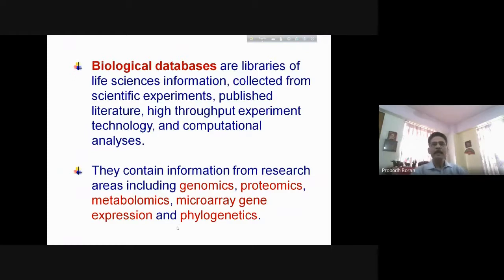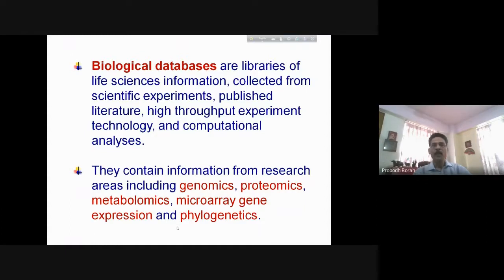So biological databases are nothing but the storehouses or the libraries of life science information, which store the collected data which have been generated from various experiments conducted by use of genomics, proteomics, metabolomics, and other bioinformatics methodology.